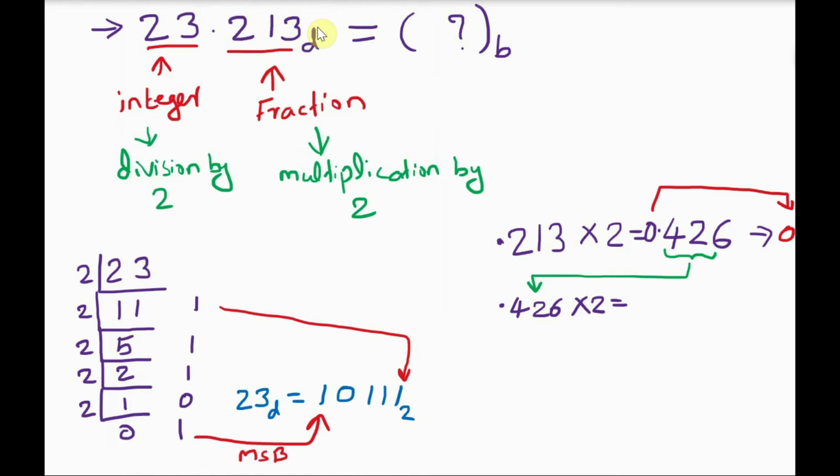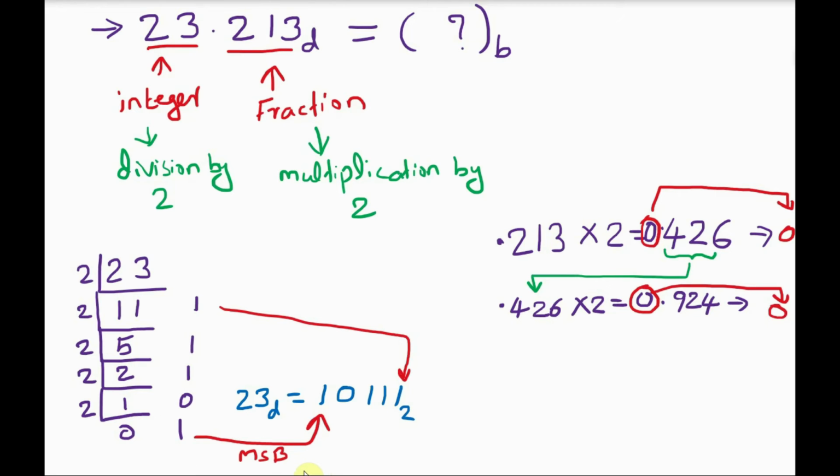So the answer is 0.852. Again we take the integer part. Integer part is 0. So take it and write it separately.